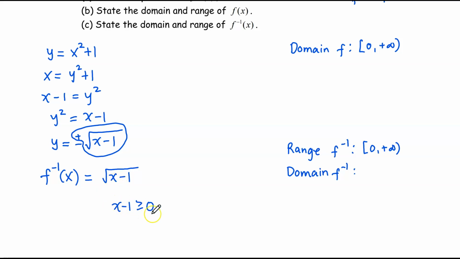And then you solve for this inequality here. So that is x greater than or equal to 1. X is greater than or equal to 1 on the interval 1 to positive infinity.